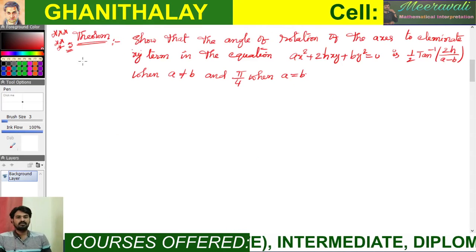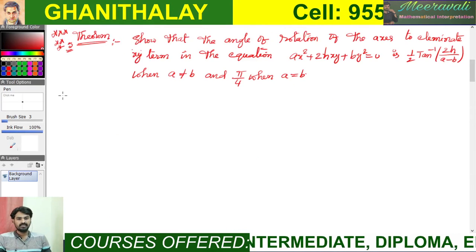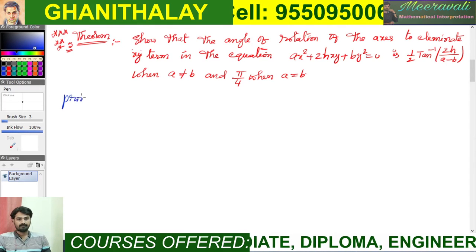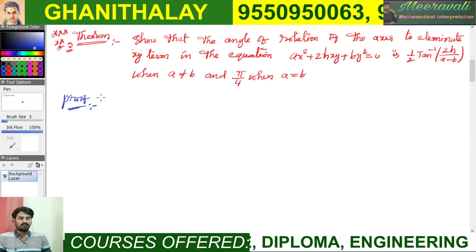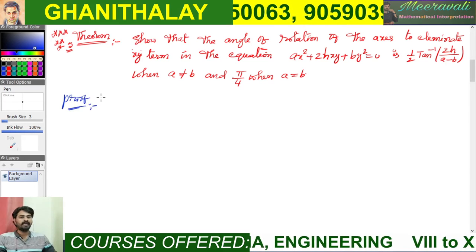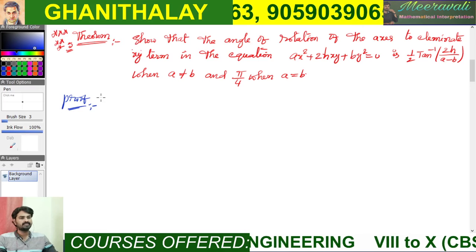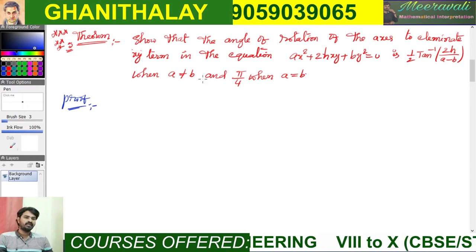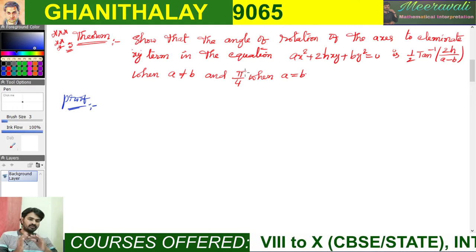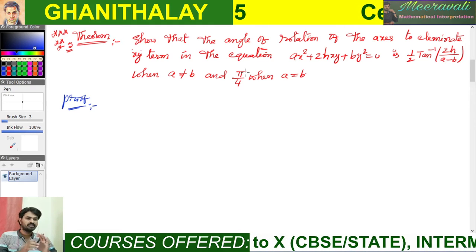Okay, students, look at this problem. This is the theorem. This is the most important theorem. So in this one, read the given problem carefully. Show that the angle of rotation of the axis, that means now we are going to show the angle of rotation is something.